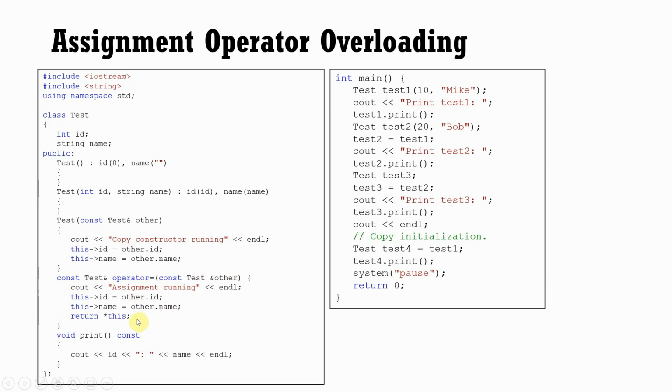So the compiler would generate the default constructor, copy constructor, assignment operator, and destructor if we don't define them ourselves. In some cases, the destructor, the assignment operator, or the copy constructor that the compiler generates for us is not sufficient, so we have to define it ourselves.